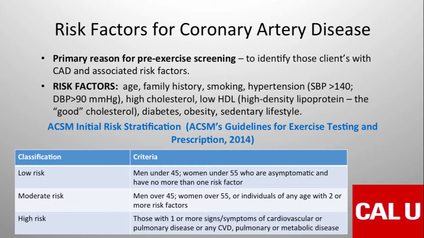Those at moderate risk of coronary artery disease are men over 45, women over 55, or individuals of any age with two or more risk factors. And those at high risk are those with one or more signs or symptoms of cardiovascular or pulmonary disease or any chronic vascular disease, pulmonary or metabolic disease.